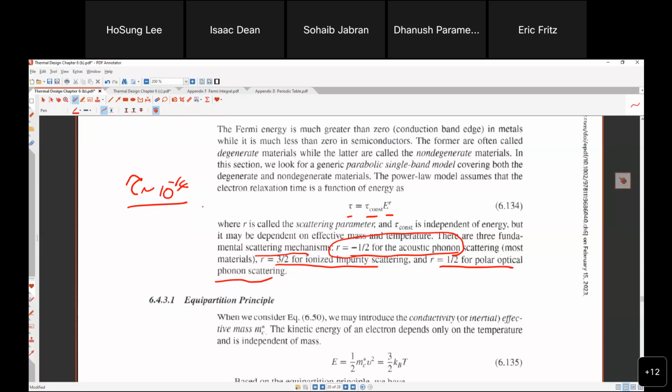So although the electron is fast, it collides and scatters. It cannot move fast. So the electron's moving turns out to be so slow.